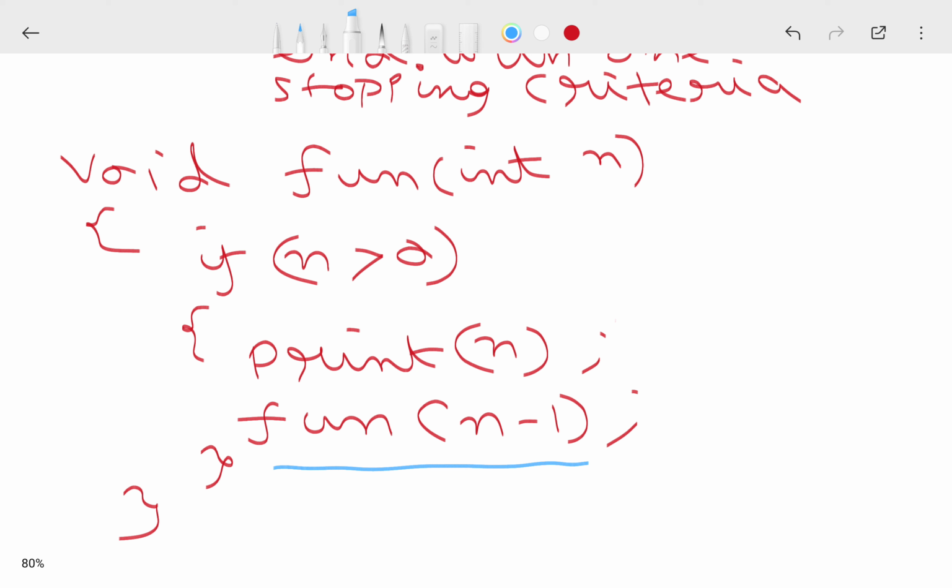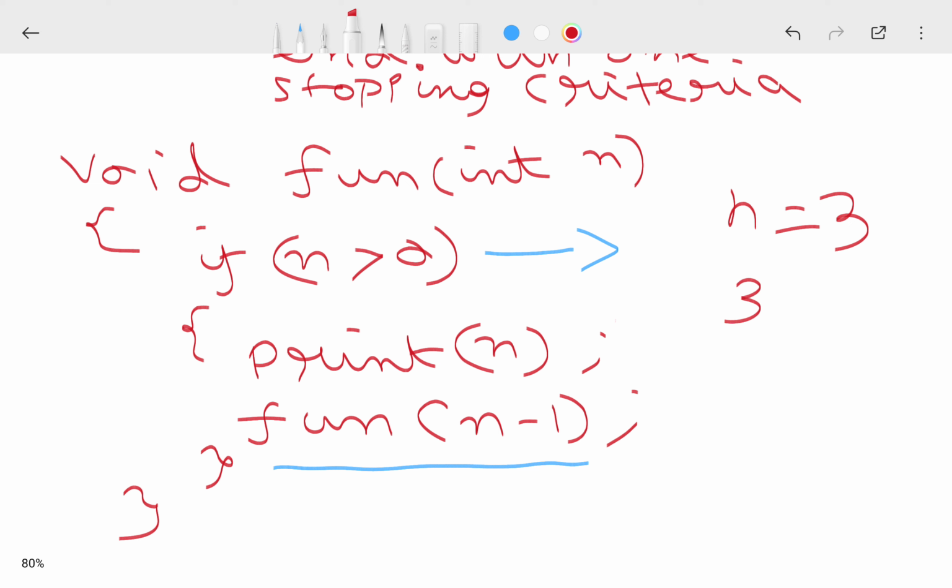The stopping criteria for calling this function is defined in this condition. This recursive function call will happen until the n value is greater than 0. For example, suppose n equals 3. In the first iteration it checks 3 greater than 0, and then prints 3.